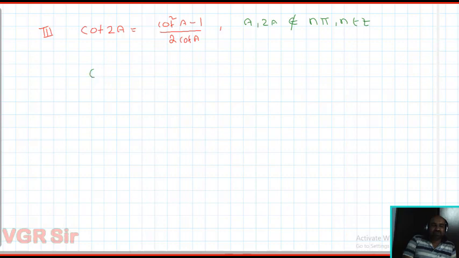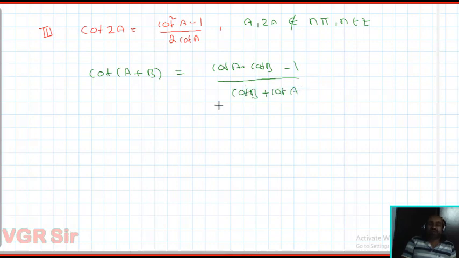Now I want to use the cot of a plus b formula, that is from the second chapter. What is the formula? Cot a into cot b minus 1 by cot b plus cot a. Don't confuse it; you need to write cot b plus cot a, because while writing cot of a minus b, if you write cot a minus cot b, that becomes wrong.